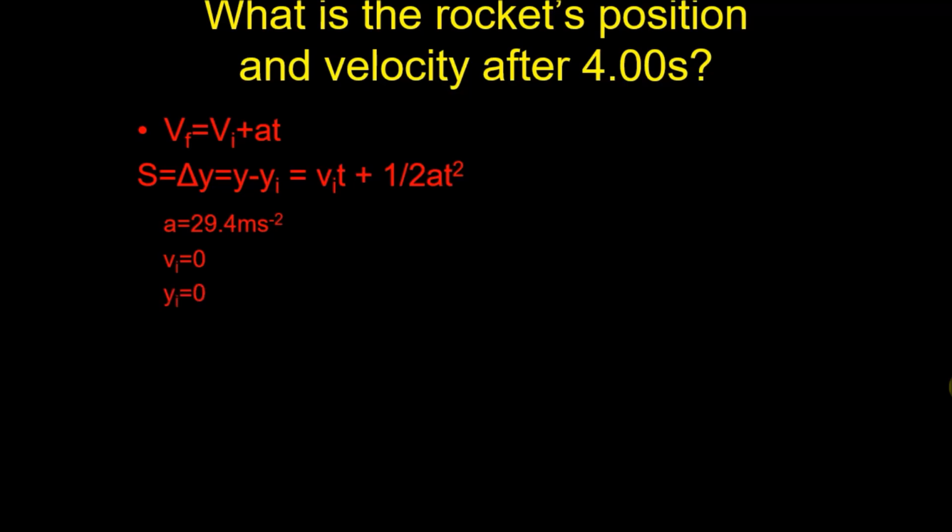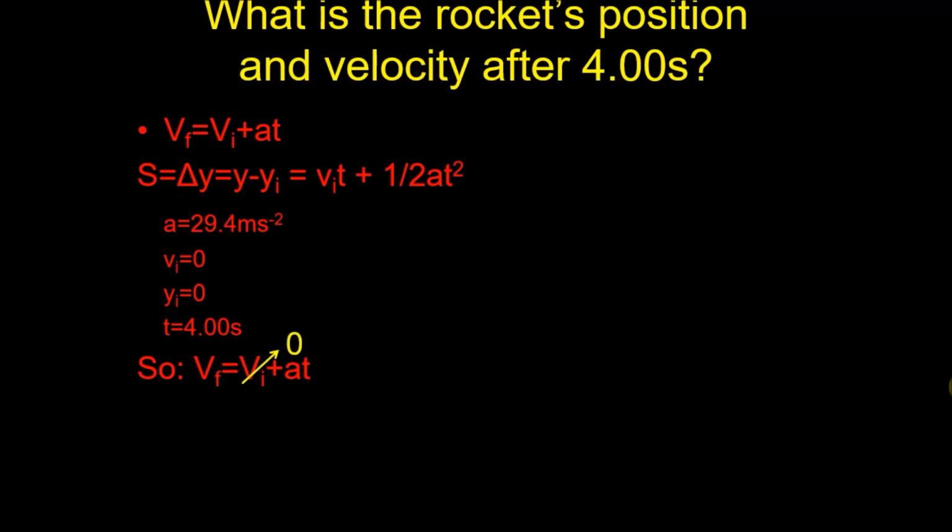Our acceleration is going to be 29.4 meters per second squared. Our initial velocity for phase 1, this rocket starts out on the ground and then takes off. So its initial velocity is 0, its initial position is 0. But we know it travels for 4 seconds. So VF is going to be VI plus AT, where our initial velocity is 0.